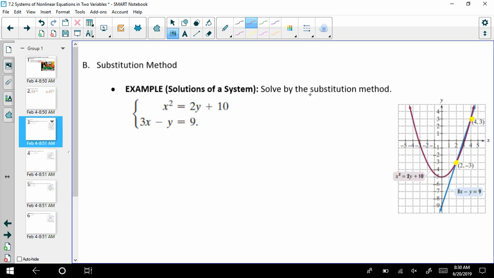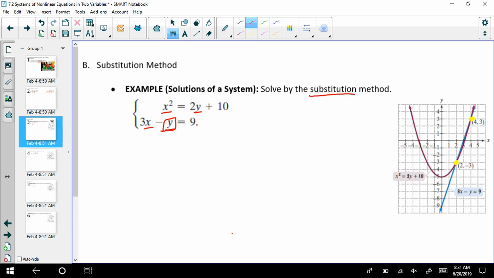So since they want me to use substitution, remember substitution is where you get a variable alone. So I could get the x, the y, the x, or the y. I can get any of those four things alone. I would pick the one that takes the least amount of work. So the one that catches my eye is the y that's in the bottom.